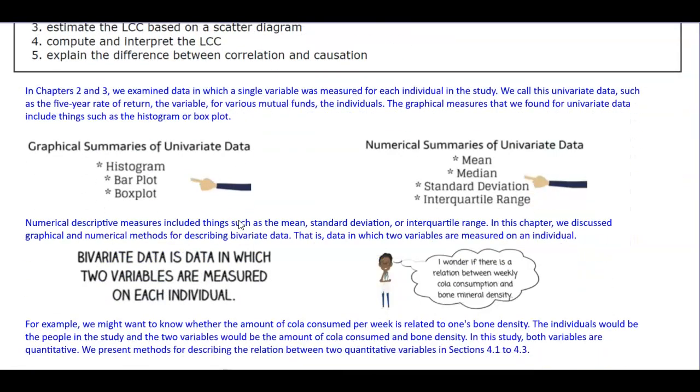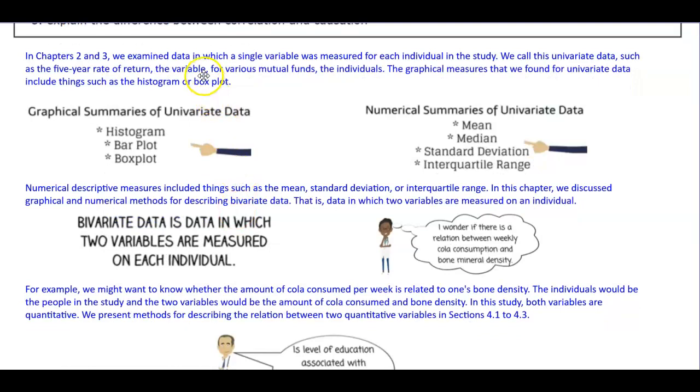In chapters 2 and 3, we examined data in which a single variable was measured for each individual in the study. We call this univariate data, such as the 5-year rate of return, the variable, for various mutual funds, the individuals.